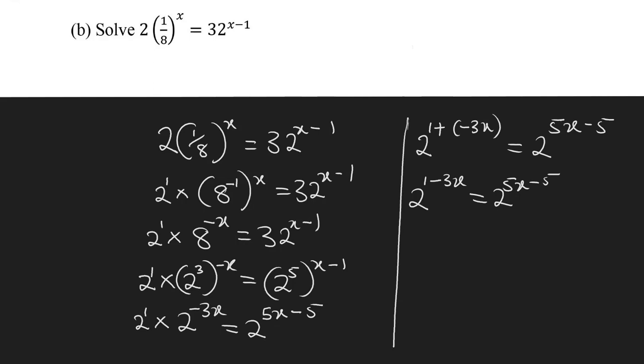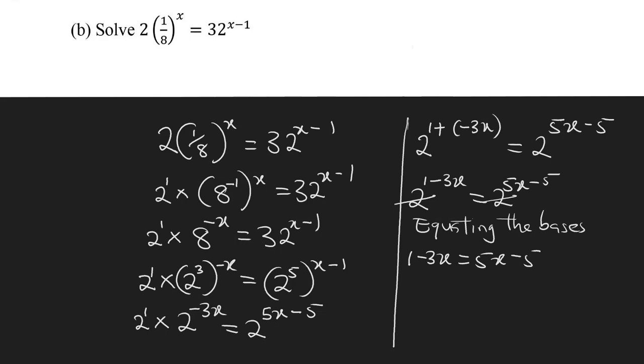Since the bases are the same, we equate the bases. We'll be left with what? The powers only. So we're going to say 1 minus 3x is equal to 5x minus 5, right?